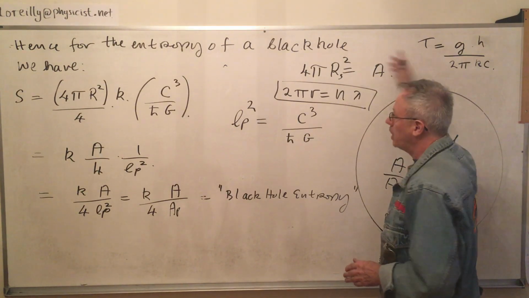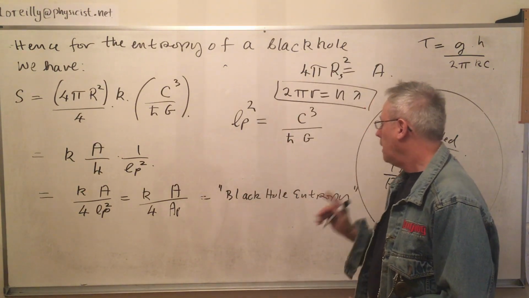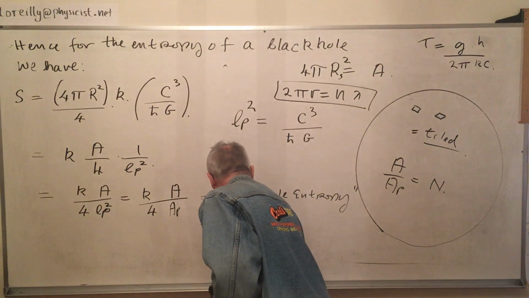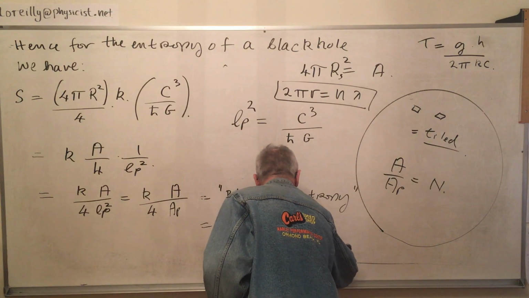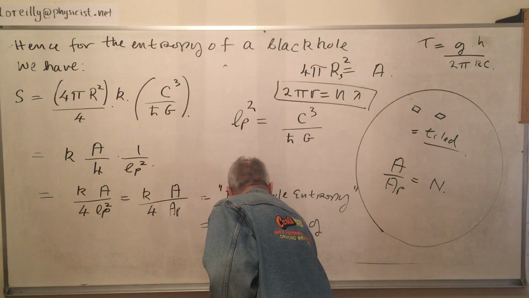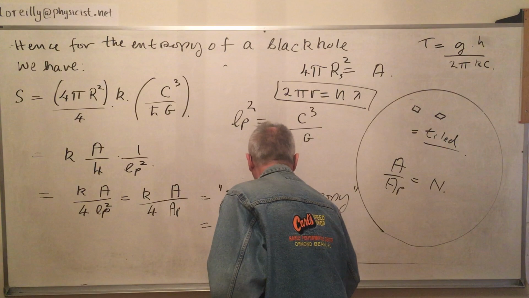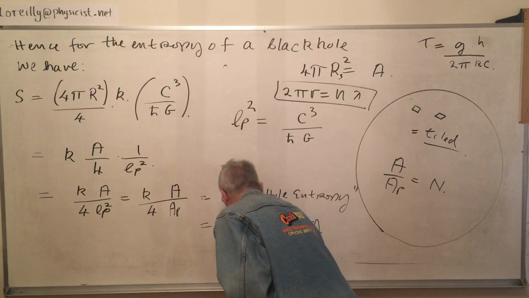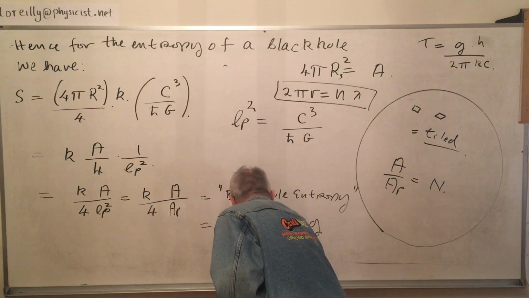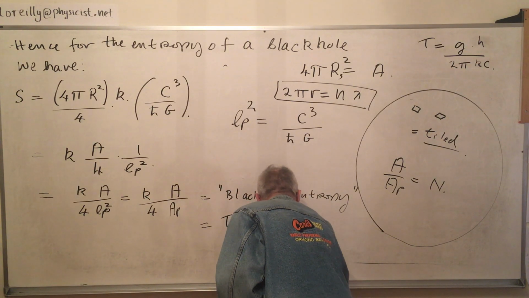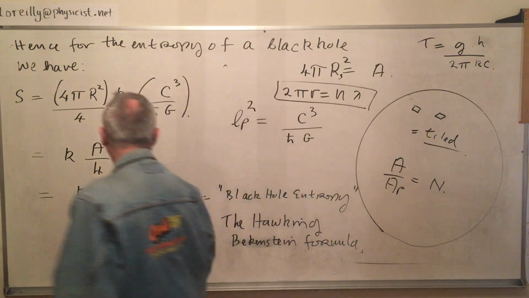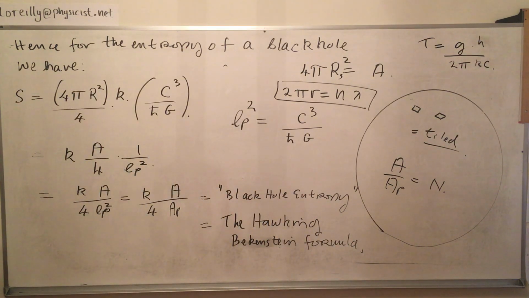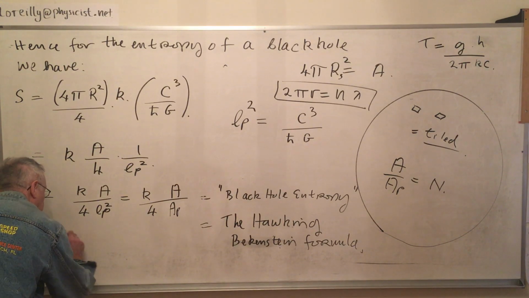Given that we know this, we can derive this. It's the Hawking formula. Oh, it's Hawking-Bekenstein, sorry. It's the Hawking-Bekenstein formula for entropy. So, I think that was a great result. So I write this down.